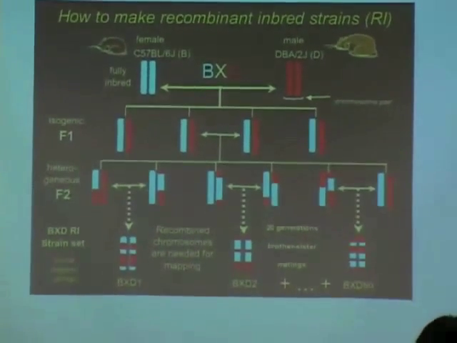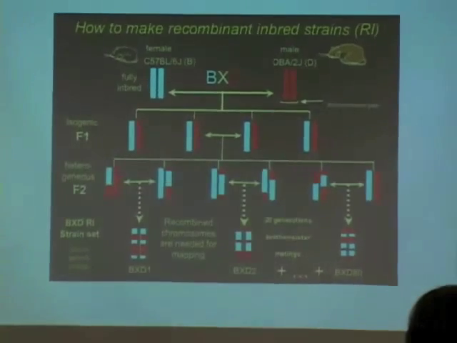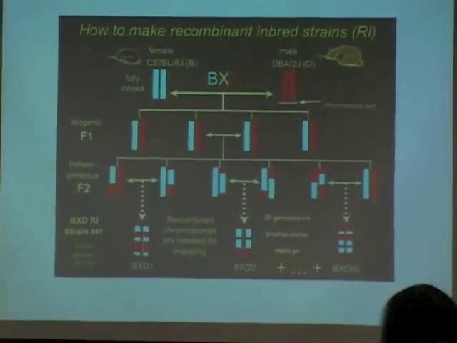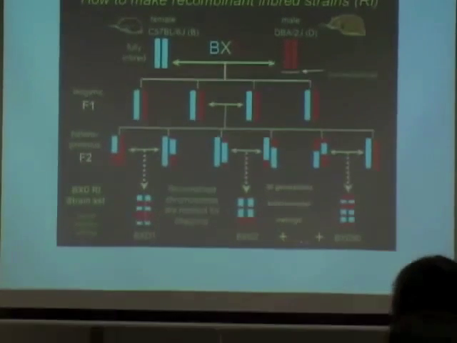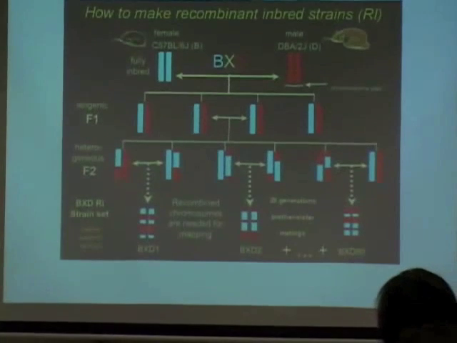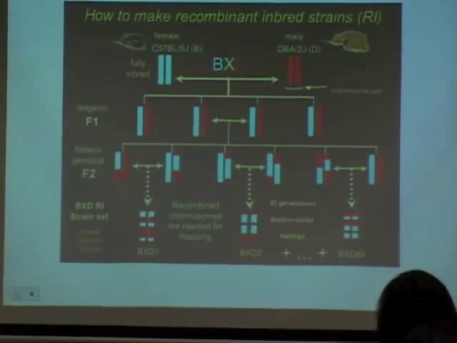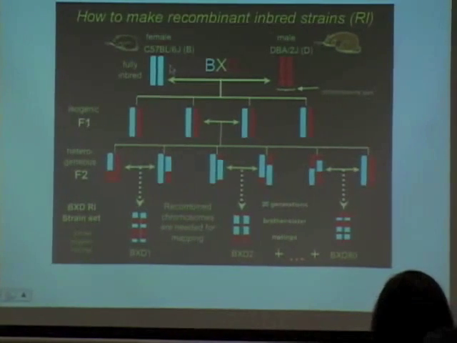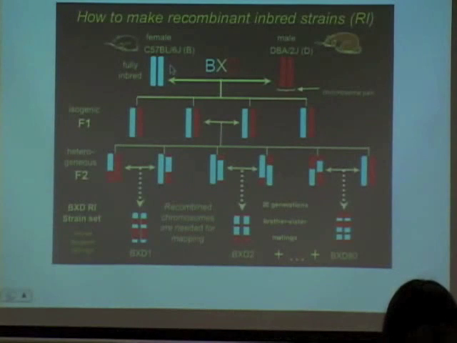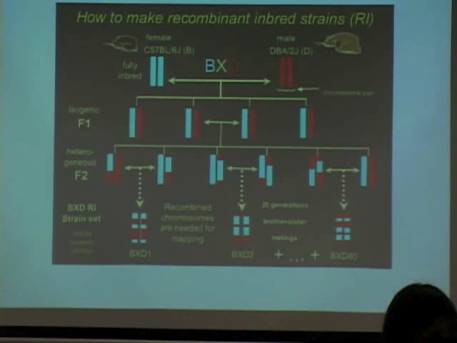Since I got some questions in lab, I'm going to go over this slide in some detail. So our recombinant inbred strains started out with two strains that were fully inbred. These are the F0s. So we either had the C57BL/6Js, which we, from that point forward, started calling the B mouse, or we had the DBA/2Js, which are called the D mouse.